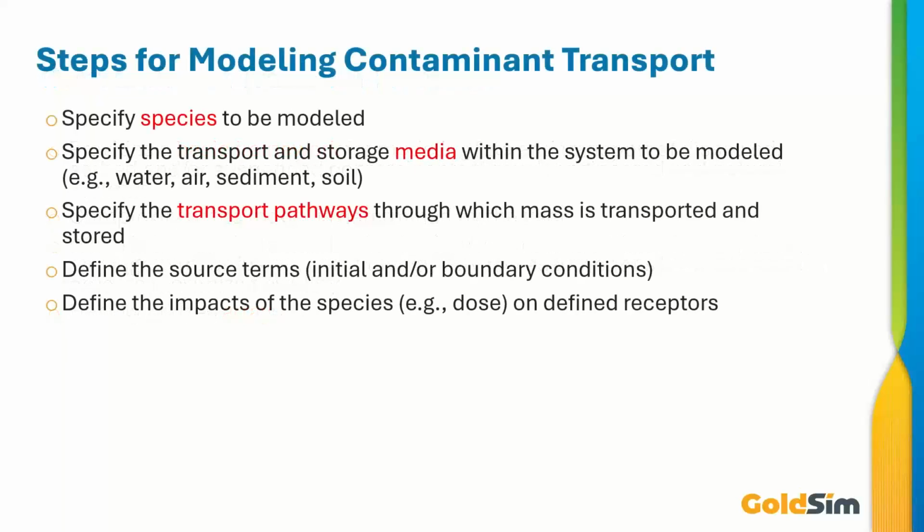So when we build a contaminant transport model, we specify the species, we then specify the transport and storage media within the system that we're going to model. This is water, sediment, soil, air, different types of rock. We're then going to talk about the transport pathways. A transport pathway essentially consists of media.